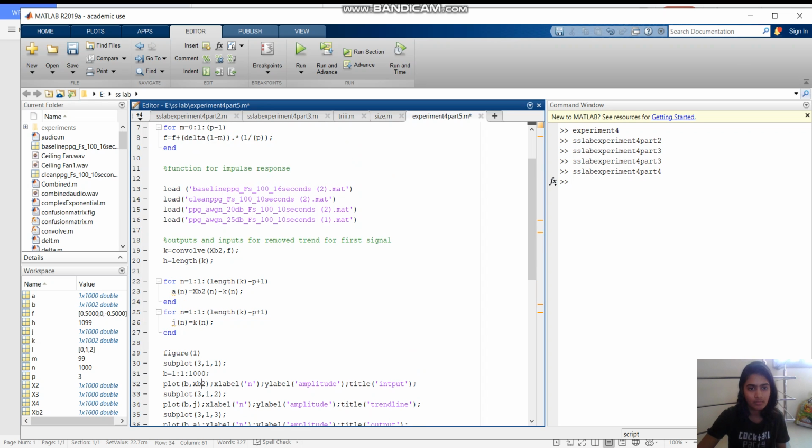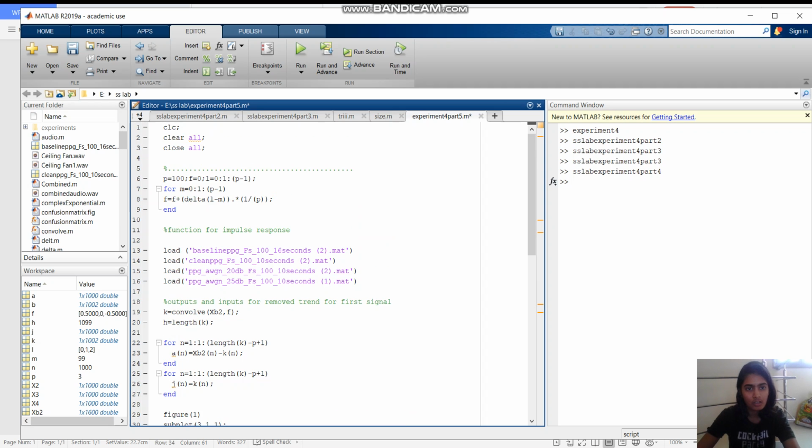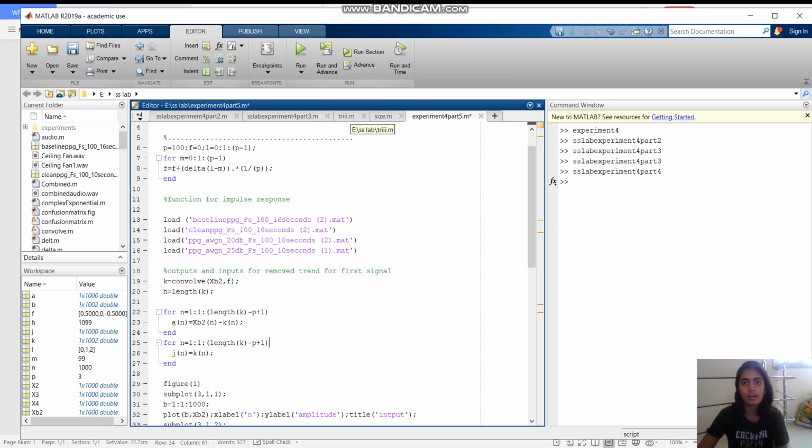Now I have found the output of the second system, as you can see here, for m equal to 100, and then remove this output from the input to remove the base trend line. First I have found the trend line because it is the low frequency component, and we've seen that the second system is returning the low frequency component of the graph.